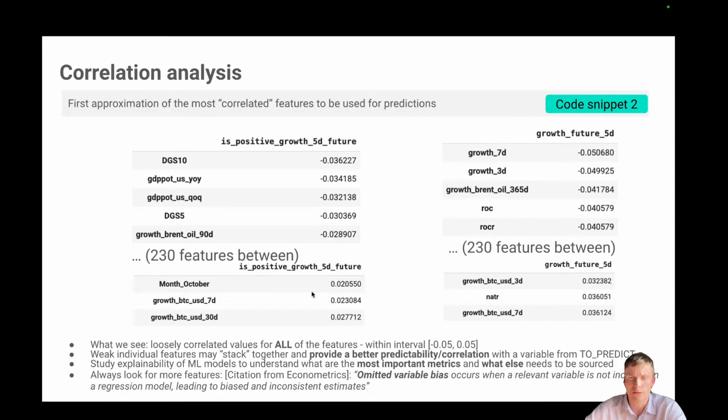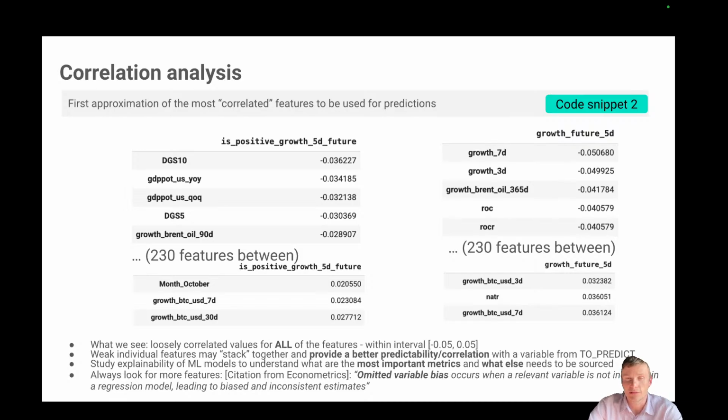What I also want to highlight here is that you should try to think about getting more features all the time. So maybe we are missing something. Maybe it is easy to get an additional macro factor or another data type, asset type, or some technical indicators. And I included one citation from econometrics courses. There is a term called omitted variable bias.